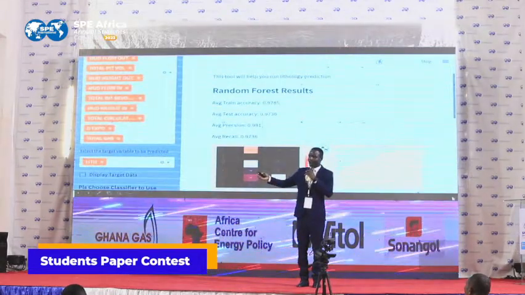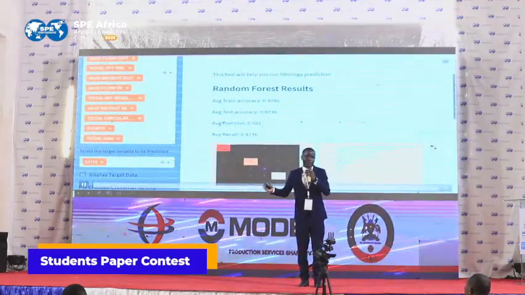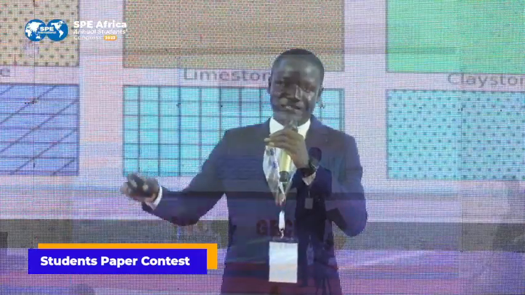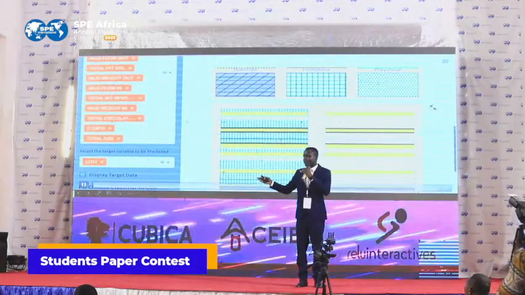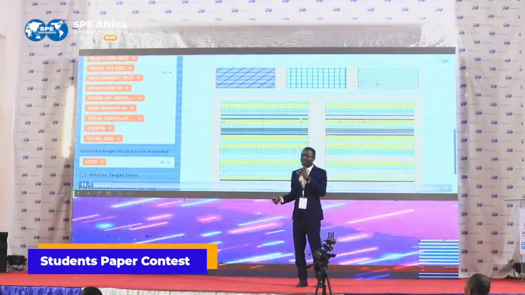You get your confusion matrix. It will tell you which features were beneficial in this model that you were able to build. Then finally, it will plot your predicted against your actual plot. And this is how it looks like, showing that at the end of the day, you are able to do this work.